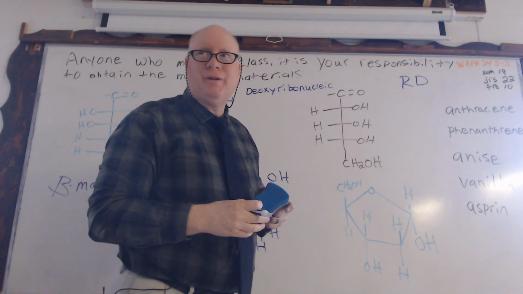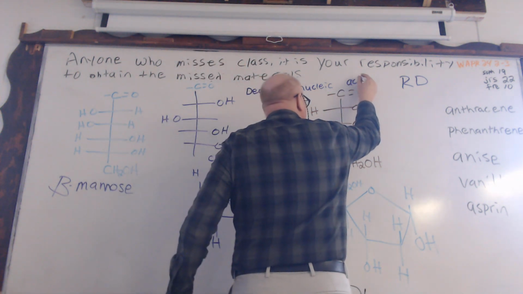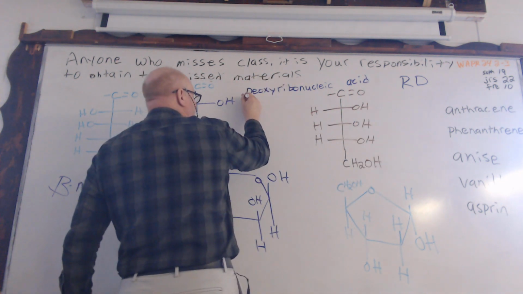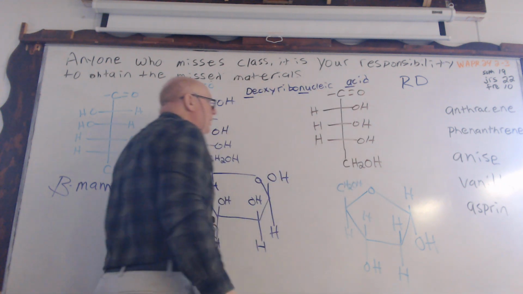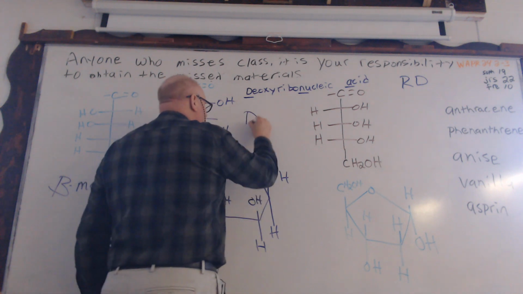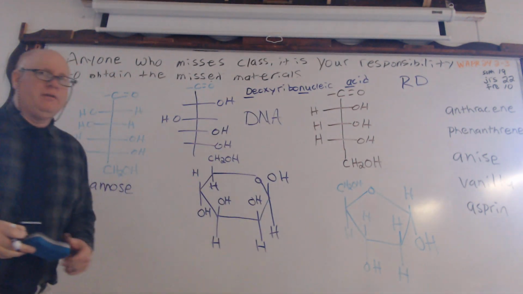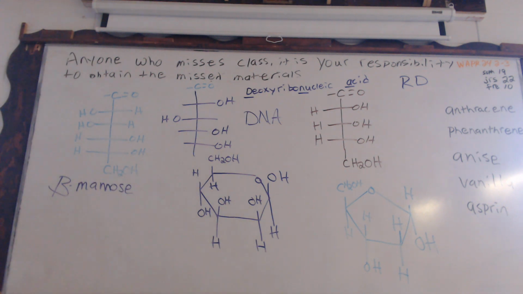Holy cow, it's a long word, right? So it's the sugar that's found in this, and that. So why are we underlining them? This is the main sugar found in DNA. That's why we said very important molecule. Not just because of DNA, but also what other nucleotide strand?